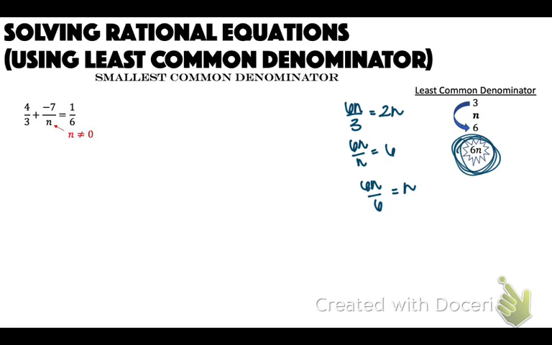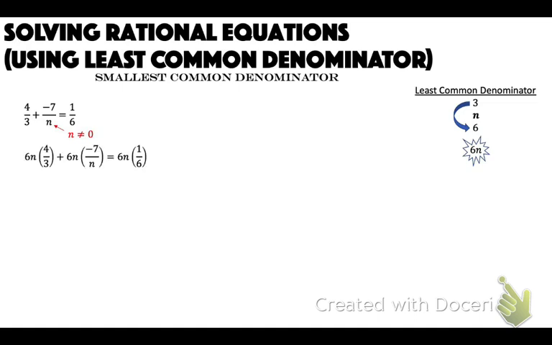Okay. So now I'm going to take that common denominator and multiply it to every fraction here. So I'm going to have 6n times 4 over 3n plus 6n times negative 7 over n equals 6n times 1 over 6. And if it helps, we can put those over 1. And then we could look at these individually and simplify them individually.